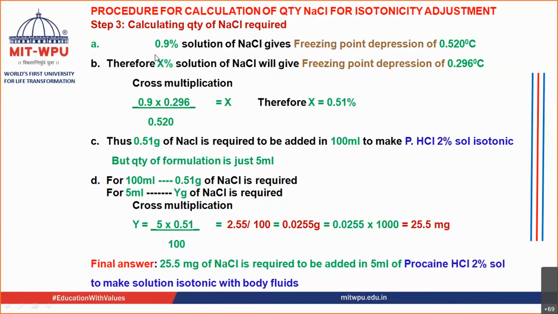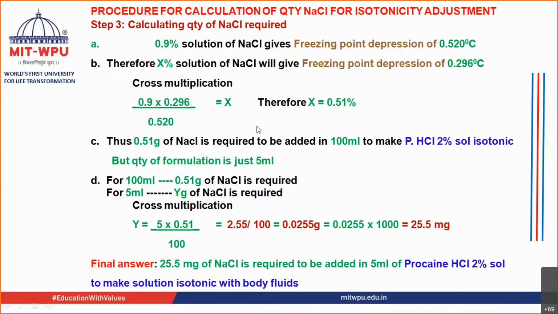So we want to find out the quantity of NaCl that will be required in order to have the freezing point depression of 0.296. If you cross multiply, x into 0.520 and 0.9 into 0.296, you will get the value of x. So x is going to be 0.9 into 0.296 upon 0.520.